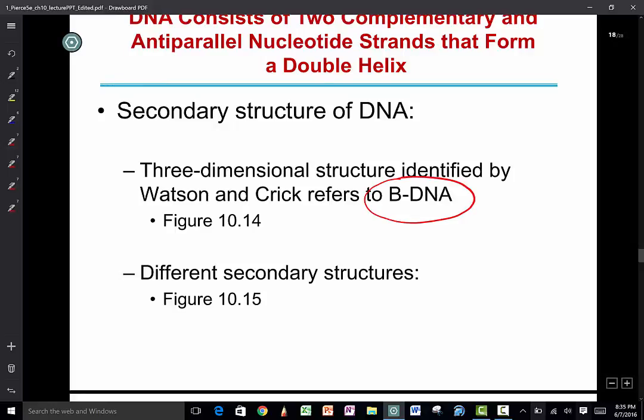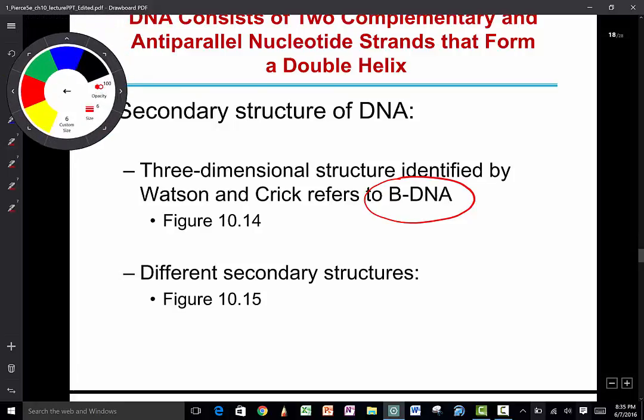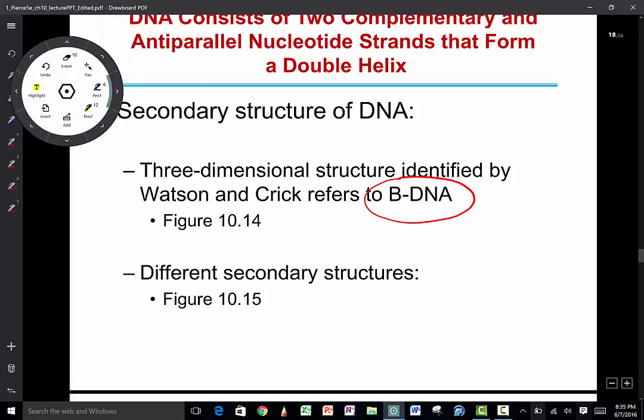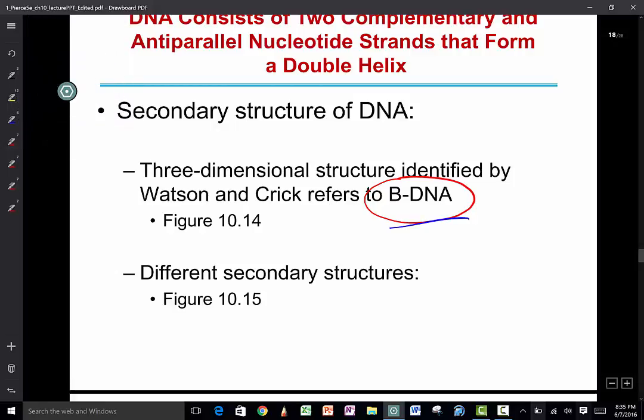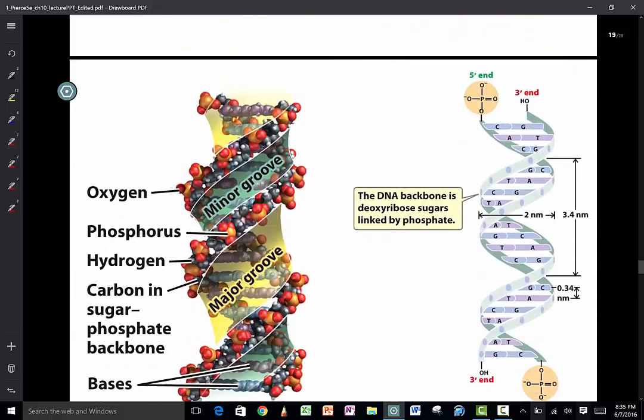The B-DNA was the original, sort of the classic structure, and that's the most biologically active structure, the one you find naturally most of the time. But there are a couple of other secondary structures. So there's B-DNA, A-DNA, Z-DNA, which have slightly different structures. Not too worried about that. Right now we're just going to worry about the main B-DNA structure.